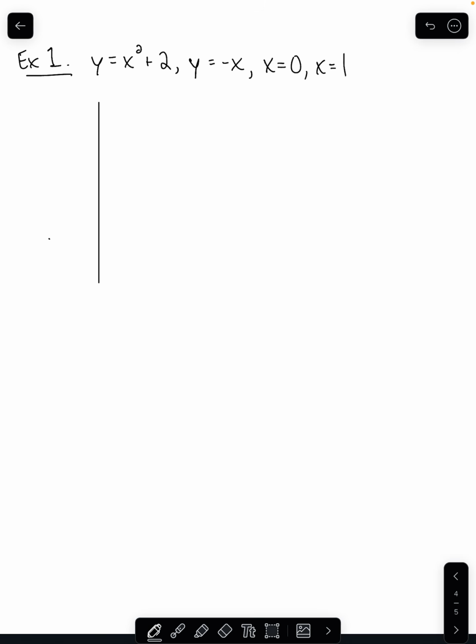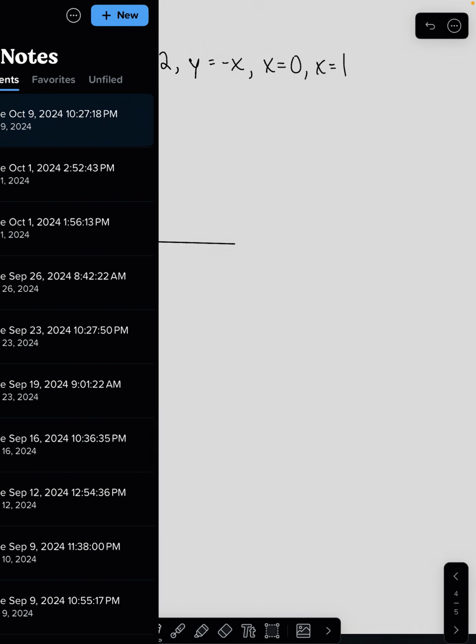This region is easy enough to sketch the graph of.